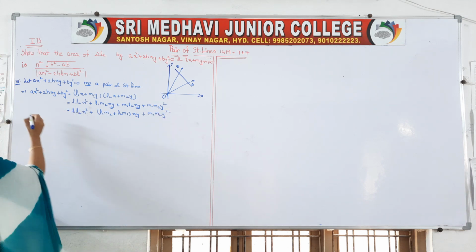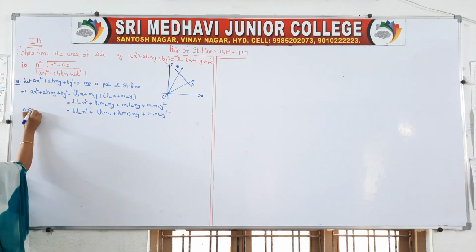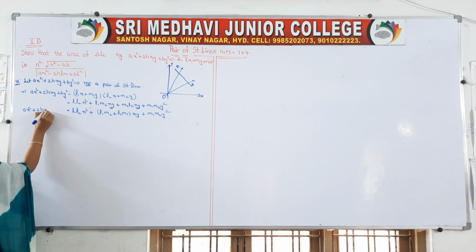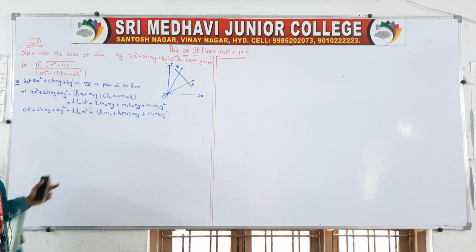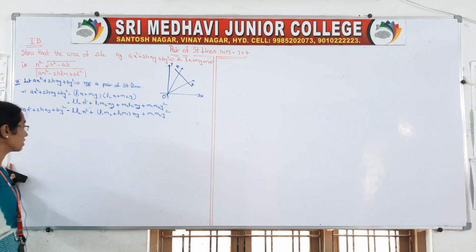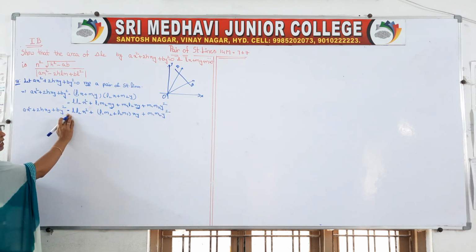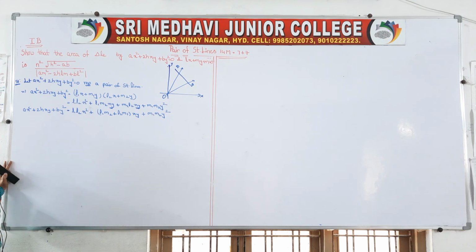This is nothing but your ax square plus 2hxy plus by square. So we have to equate the coefficients of like terms.